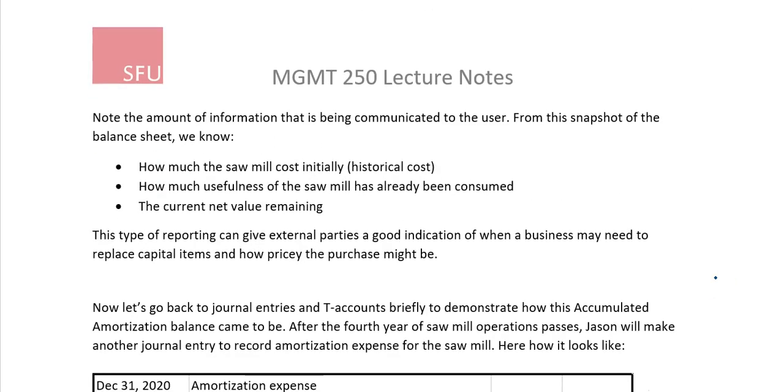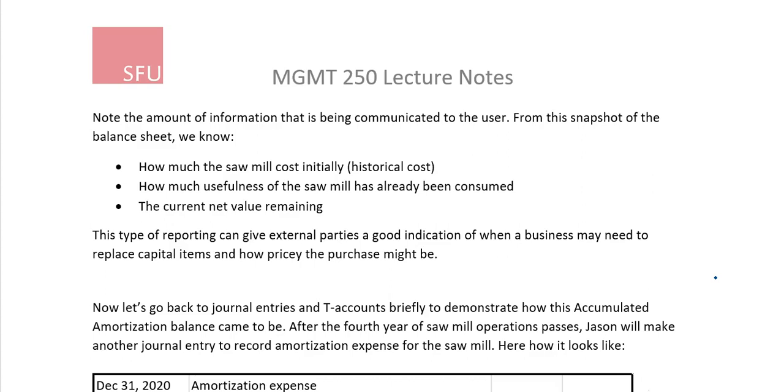A few things to note here. The section of the balance sheet that we just saw communicated several things to the user of the financial statements. We saw how much the sawmill cost initially, very important, that's the historical cost. We had an estimate of how much usefulness of the sawmill has already been consumed.